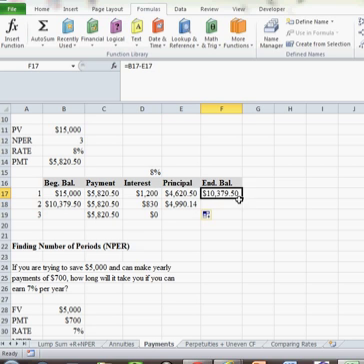Then again I pull down here, and we owe $5,389.95. I can again just pull down. I can combine these and make it a little easier, and it shows now how my $15,000 has been paid off. So that's a simple way to set up your amortization table and find your payment.